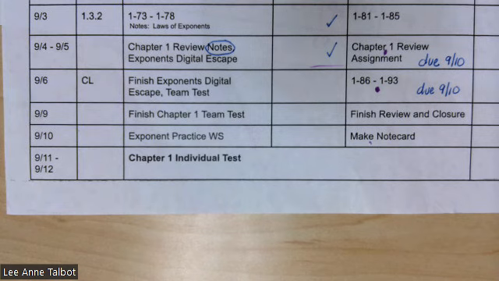Yes, honey. Because those are block days. Yes, so some classes will have it on Wednesday and some will have it on Thursday, just depending on which day they have met. It's not a 2-day test, it's just that sometimes this class is on Wednesday, sometimes it's on Thursday. Yours is on Thursday, so yours will be on the 12th. Does that make sense?